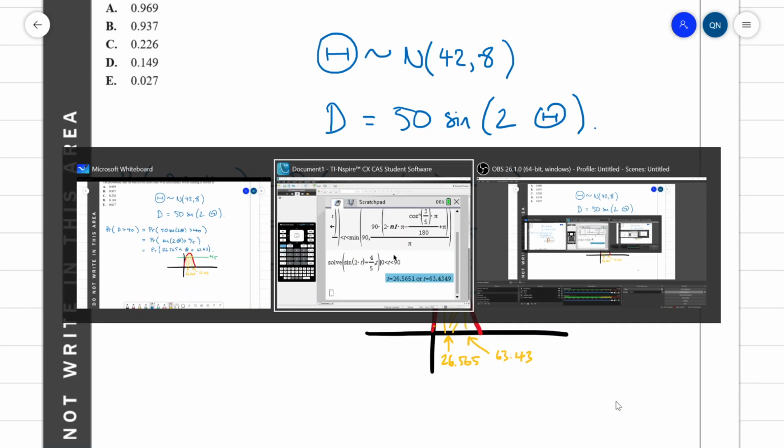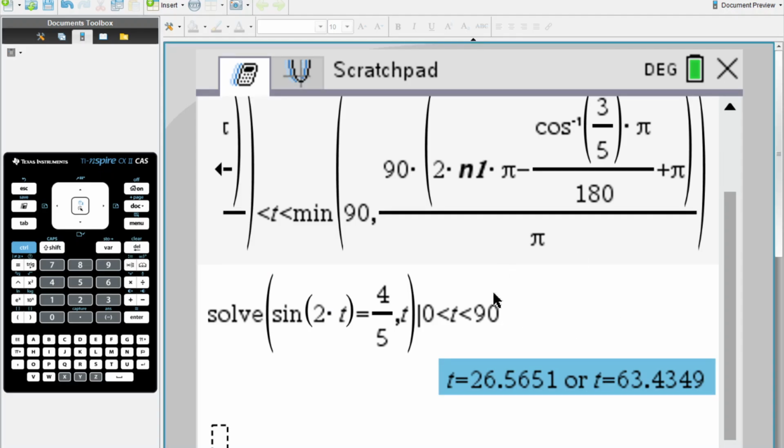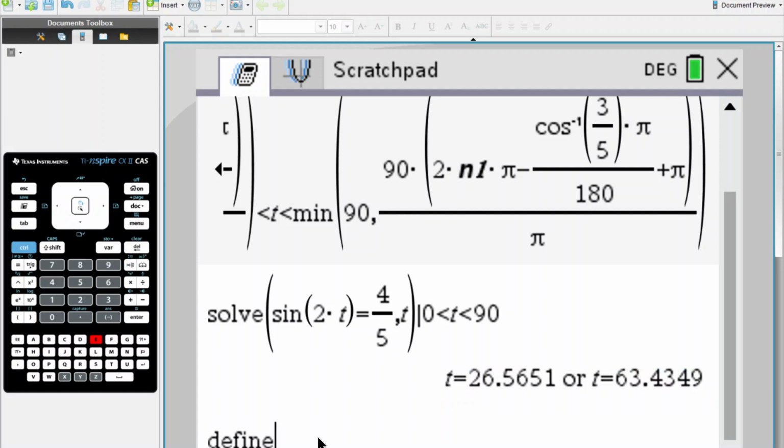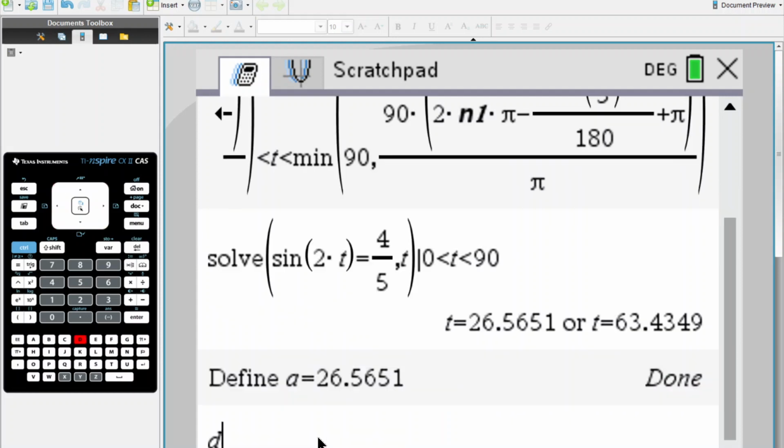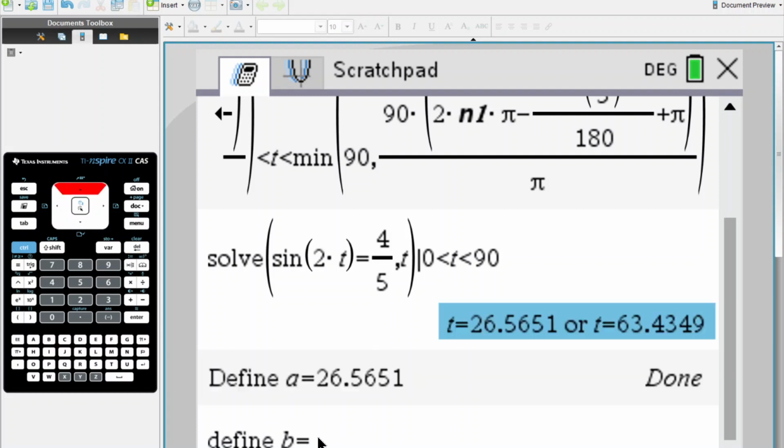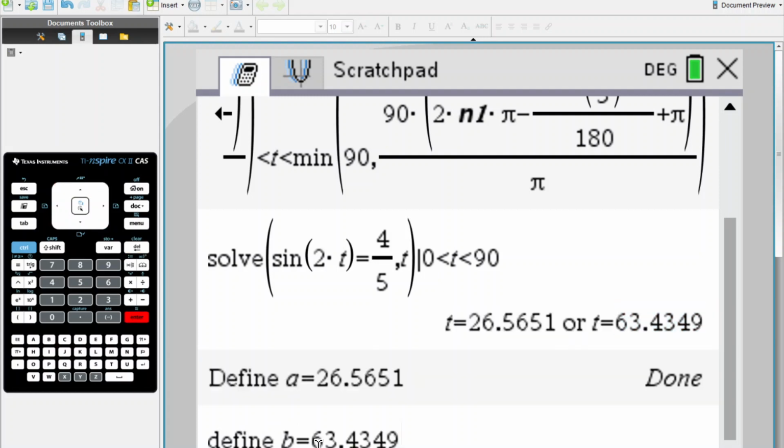Instead of having to type out these numbers again when you do the normal distribution, you can just define them straight away. So I'll define A equals this number here, and I'll define B equals this other number.